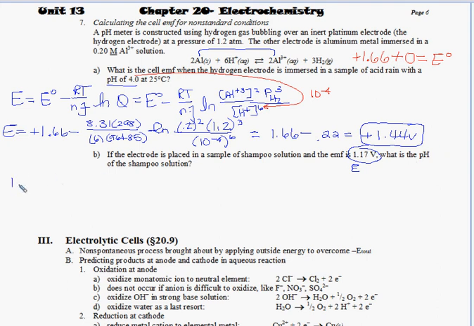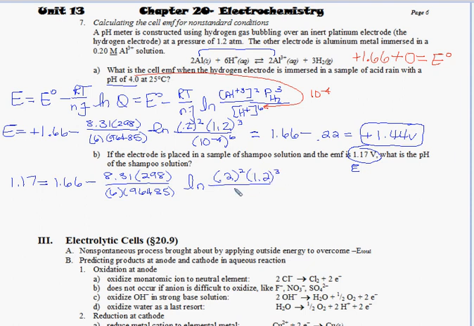So again, folks, 1.17 is now going to be equal to 1.66, and you're still working with all of the information for R and T and n and F for Faraday's constant. And now in the midst of your natural log, you are going to be solving for the value of hydrogen ions. And again, remember, it's not just hydrogen, it's hydrogen to the 6th power. So work through that calculation.